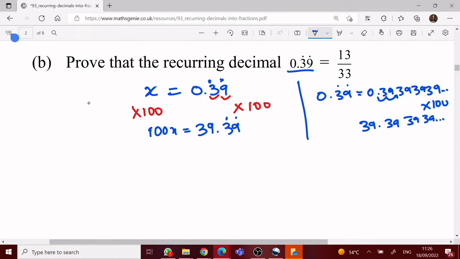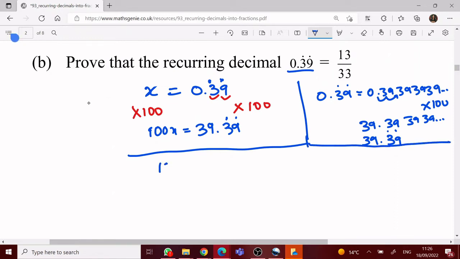It's still going to repeat forever, which means it's still recurring. Hence, I got 39.39 recurring. Hope that made sense. Now we will use these two equations you created to find x. I'm just going to separate this section so it's clearer for you guys.